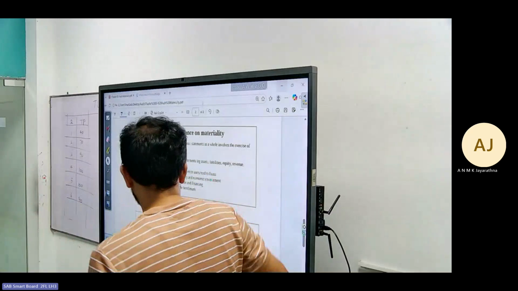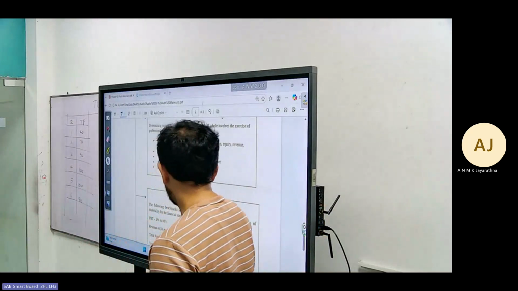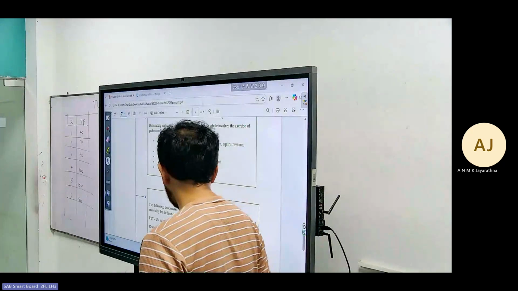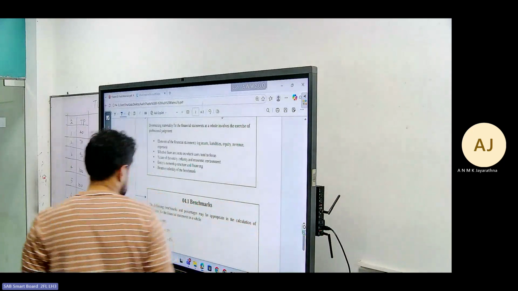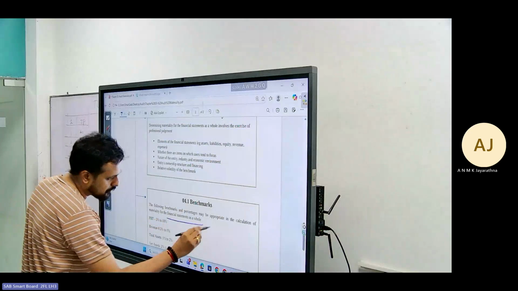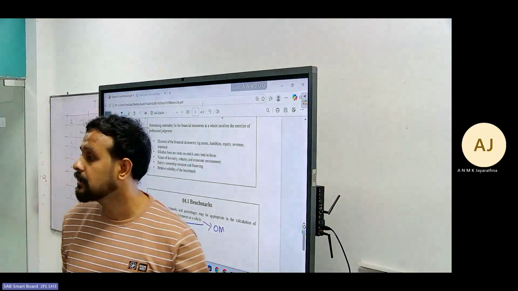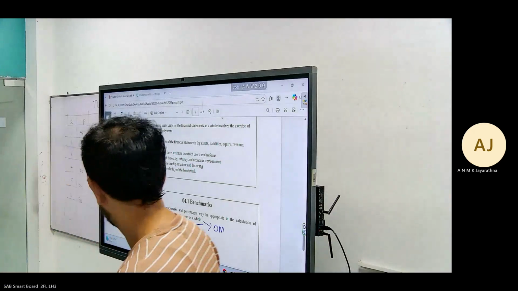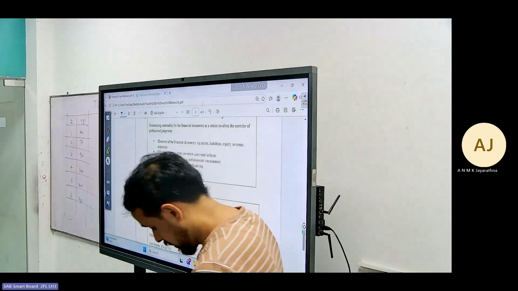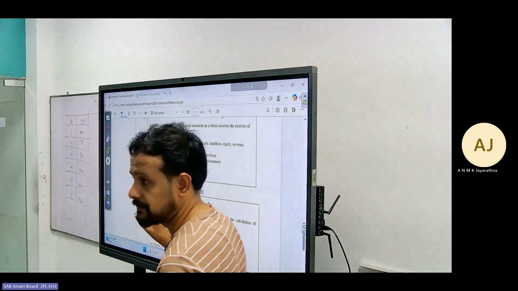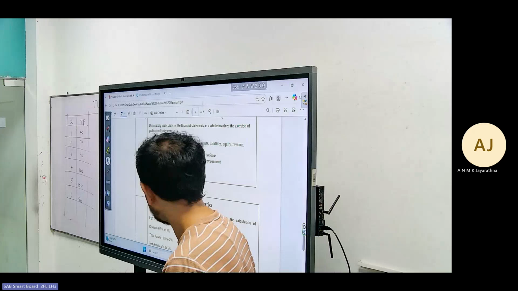I will come to this part later. Benchmarks. The following benchmarks and percentages may be appropriate in the calculation of materiality for the financial statements as a whole. Again, I am telling you, as a whole means overall materiality. It is technical wording; we just say overall materiality normally.